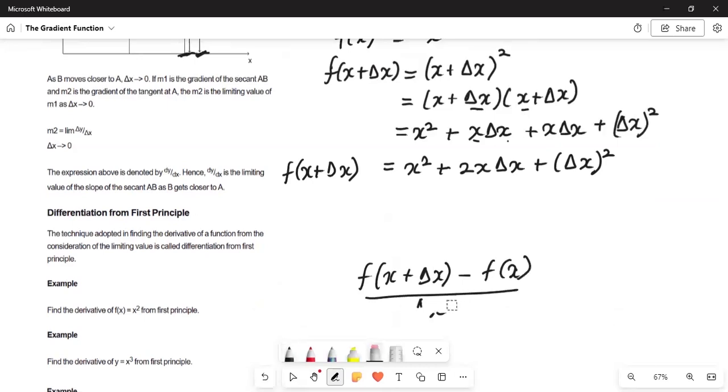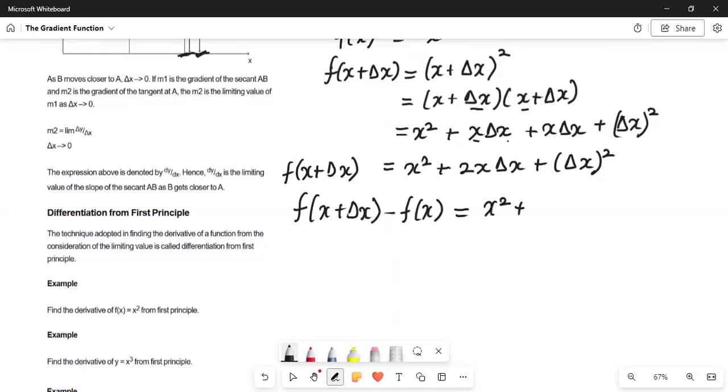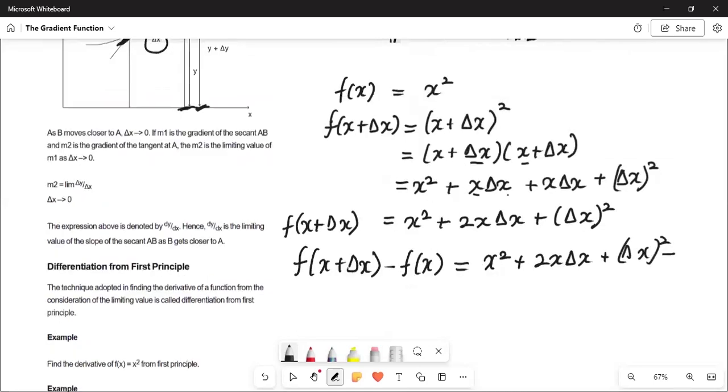So in this case, now I have f of x plus delta x equal to x squared plus 2x delta x plus delta x squared. f of x plus delta x minus f of x would be x squared plus 2x delta x plus delta x squared minus, what is f of x? F of x is x squared. So as I subtract f of x on the left hand side, I have to subtract it on the right hand side too, because I'm trying to arrive at that derivative from first principle. So minus x squared here, so that this will go.